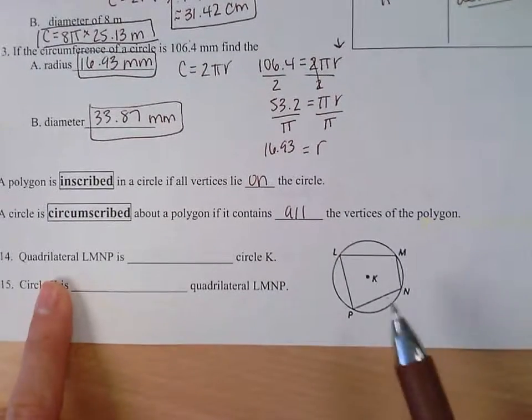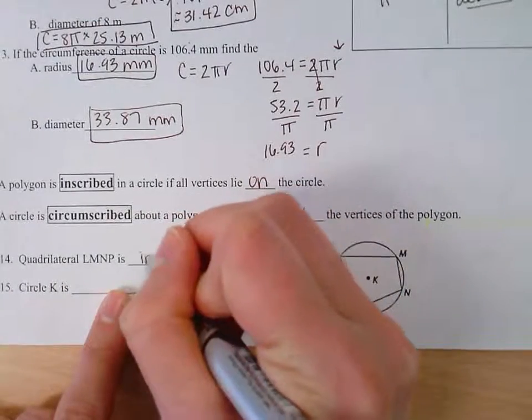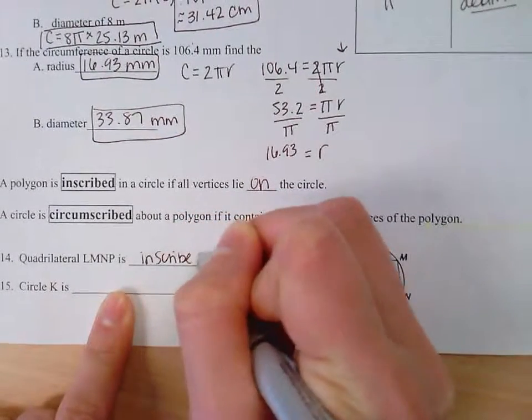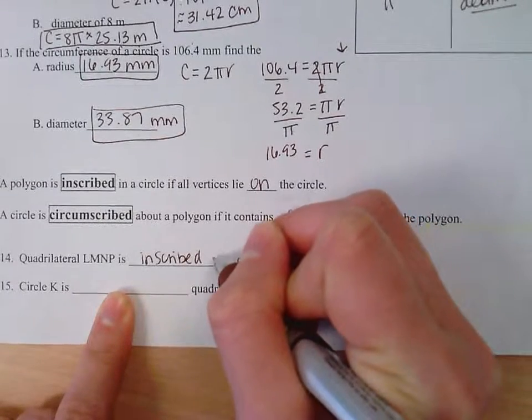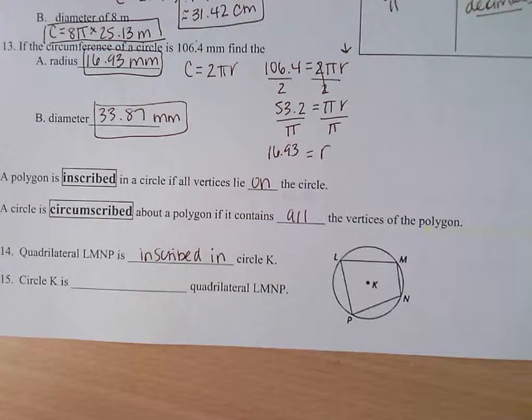So by looking at this, it's just vocabulary. We would say quadrilateral LMNP is inscribed in circle K. So think inscribed, it's on the inside.